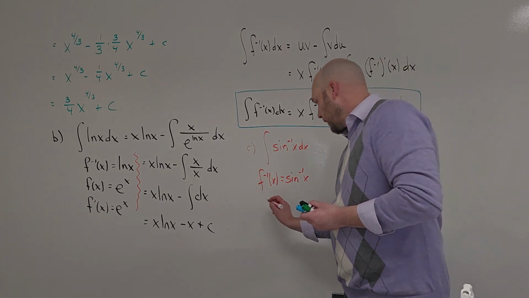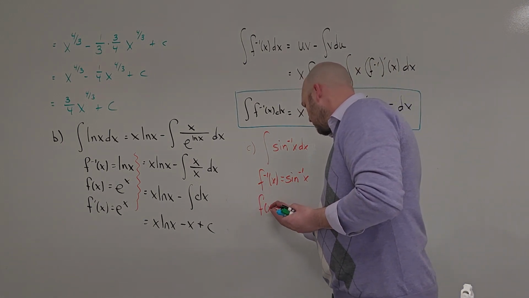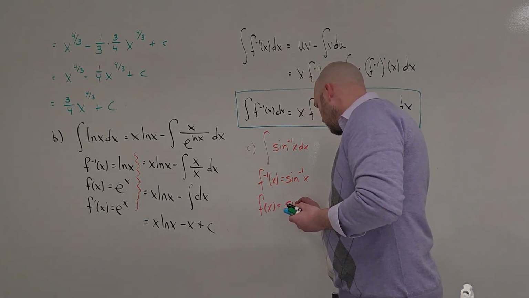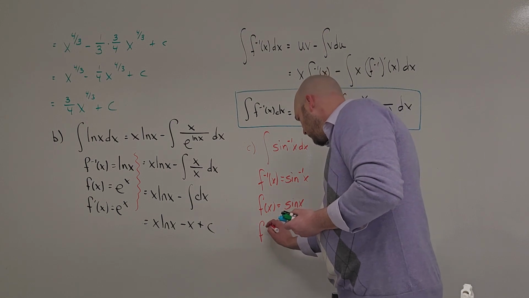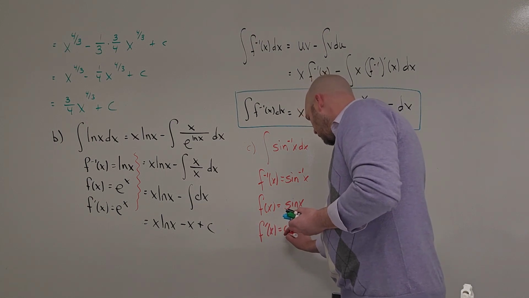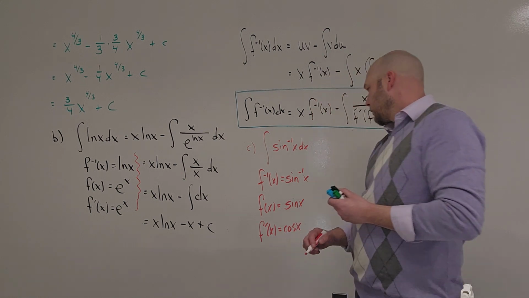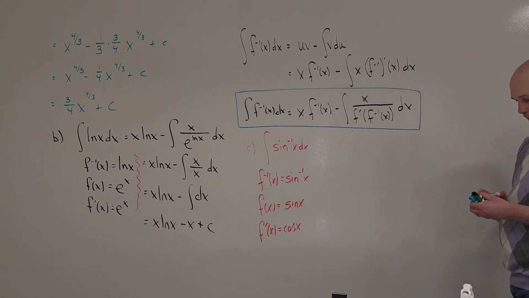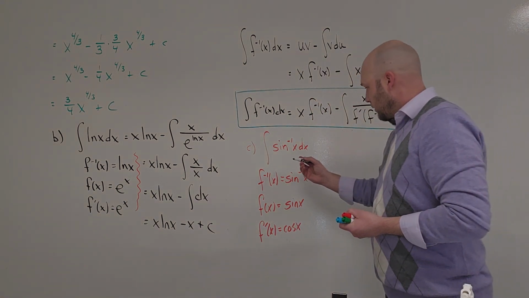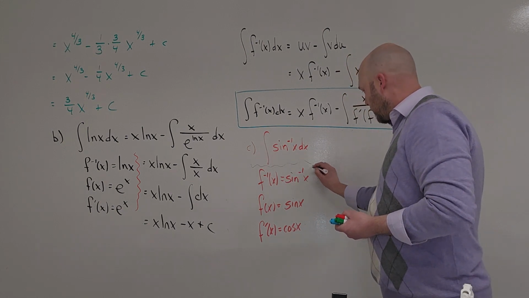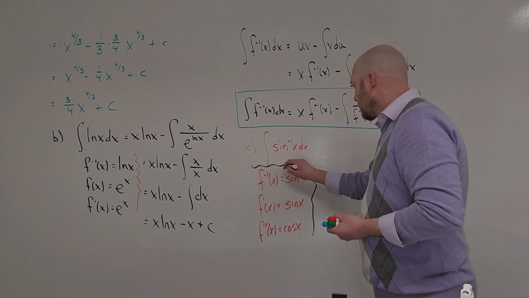That makes f of x the sine function. f prime would then be cosine. So there's my identification of the functions.